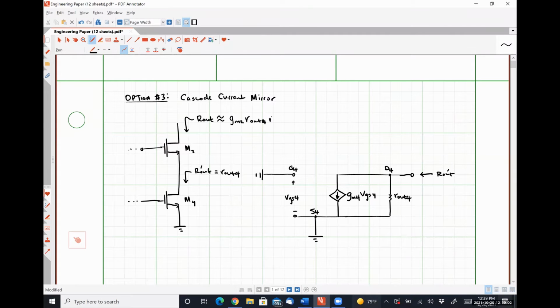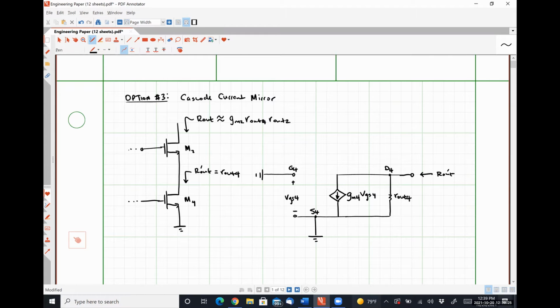So we get the exact same scaling that we had earlier. We're multiplying that resistance R out 2, but we're now scaling it by a factor of gm2 R out 4, where that R out 4 is just replacing R S that we had in our equation from our resistor-based degeneration technique.